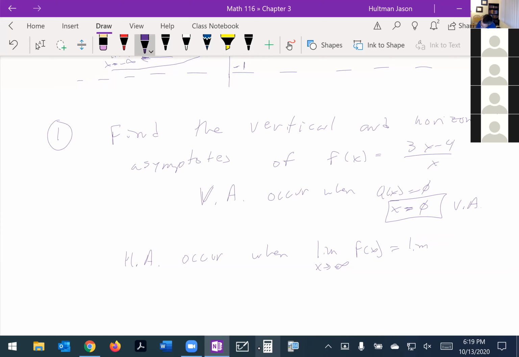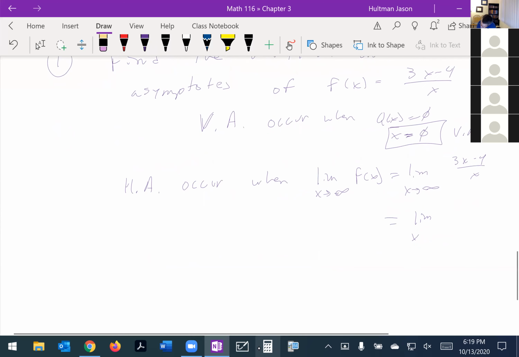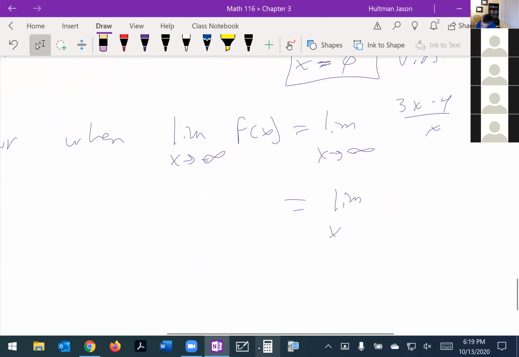This is the limit as x goes to infinity of 3x minus 4 over x, which is the limit as x goes to infinity of 3x over x minus 4 over x.